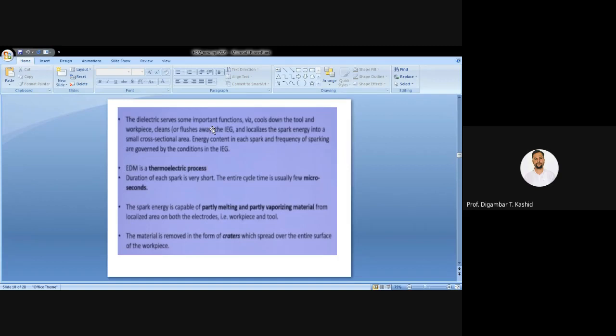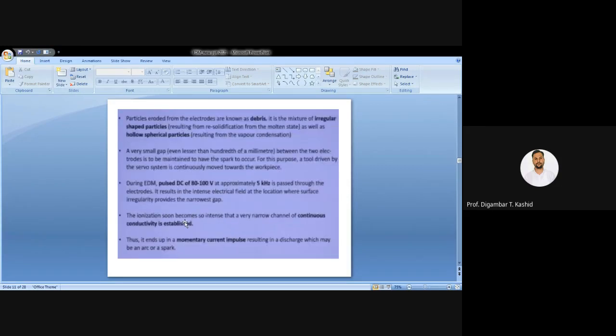And whatever metal evaporates then cools down, and after cooling down it sometimes takes the shape of a sphere.